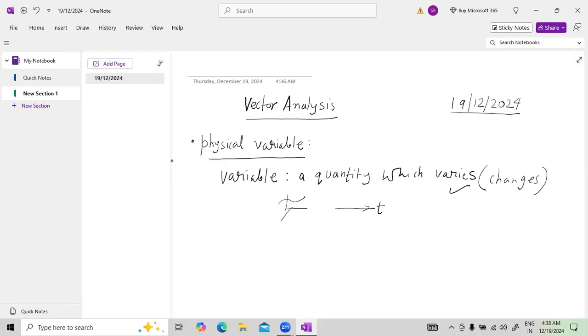Now, what do I mean by a physical variable? By physical variable, we mean a variable that can be measured.